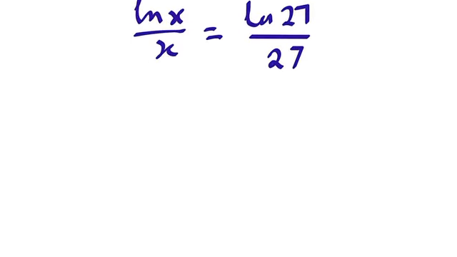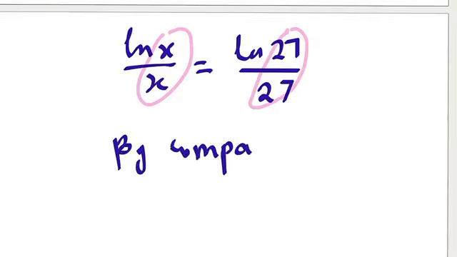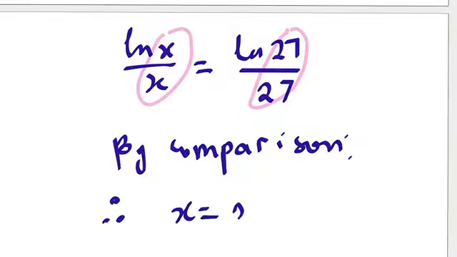So now from there, you can see that we have x and we have 27, which is telling us that by comparison, we can have x to be 27.